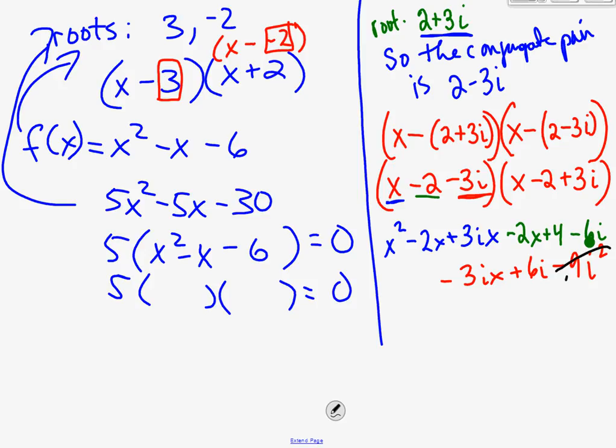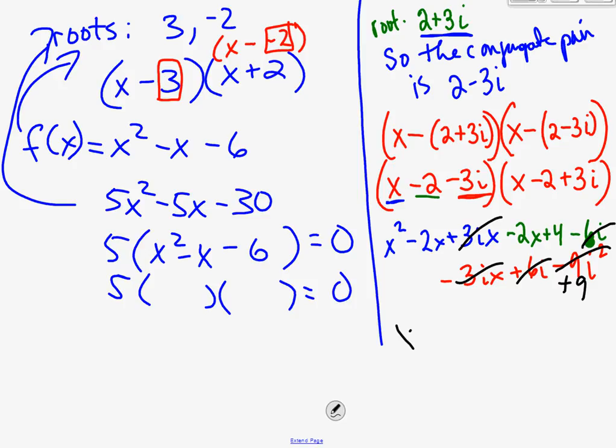First thing I would do is make that plus 9. The next thing, I'll just cross out any of the things that have i's in them, if I can. So 3ix minus 3ix, those get rid of, and minus 6i and plus 6i. So again, look at them carefully, because if they didn't cross off, did I make a mistake in just multiplying them here, or maybe I made a mistake up there as I went through.